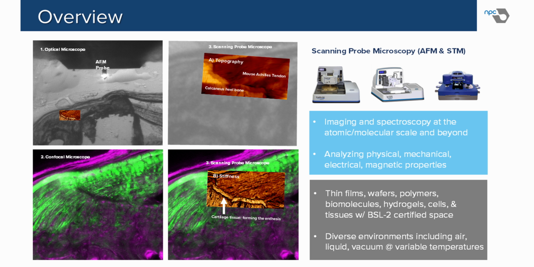By utilizing this, we can see an overview of the tissue sample with the optical microscope, and we can identify the different areas of the tissue, where this green is collagen from the tendon, and this dark pink is elastin from the bone tissue samples. So we can identify different areas using the confocal microscope.